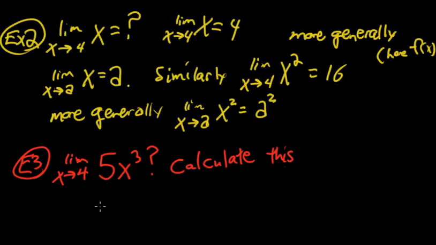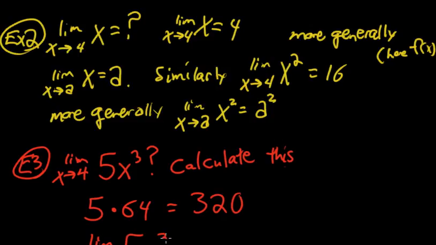So 4 times 4 is 16, and 16 times 4 is 64. So it's 5 times 64, which is equal to 320. So the limit as x approaches 4 of 5x cubed equals 320.